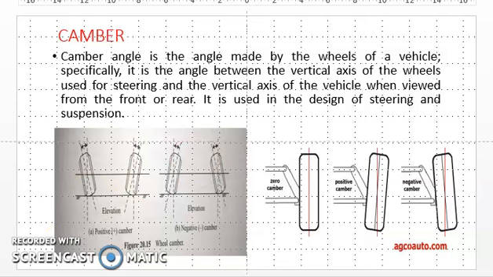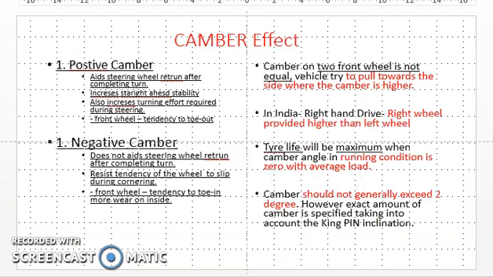First, listen carefully or look at the PPT. How does positive camber affect the steering? It aids the steering wheel in returning after the completion of a turn.